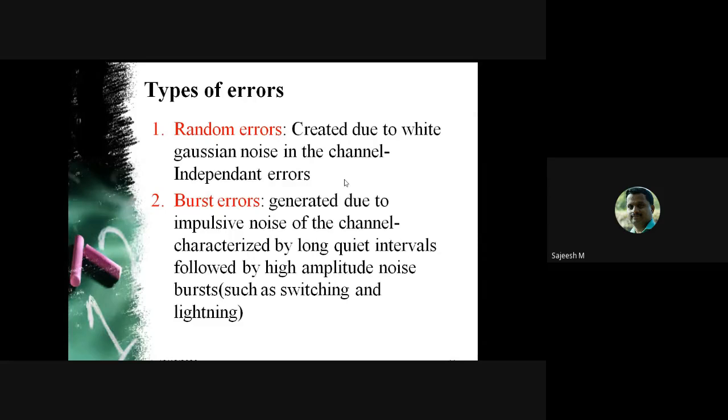Burst errors are generated due to impulsive noise of the channel, characterized by long quiet intervals followed by high amplitude noise bursts, such as switching and lightning. Okay, that's about the different types of error: random errors and burst errors.